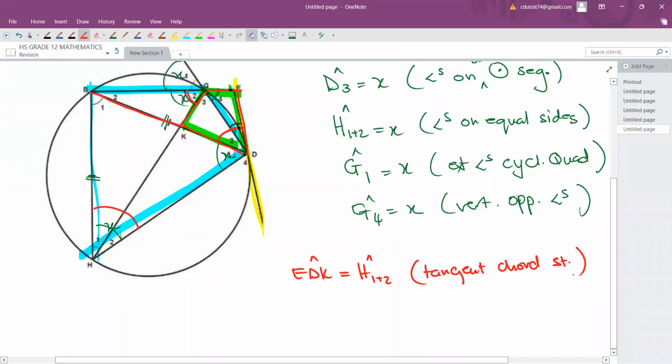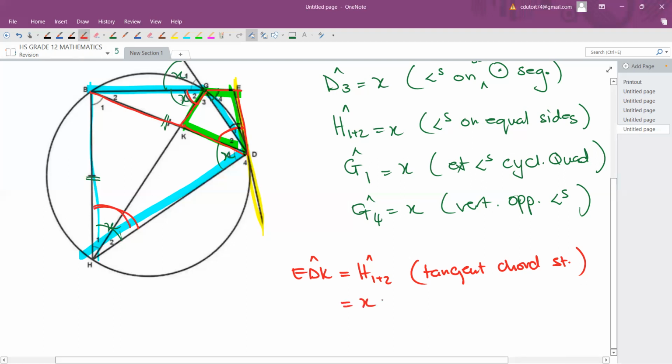Do you use inverted tangent chord statement, or do you use line between circle and chord, something like that? I know that in Afrikaans we use omgekeerde raaklyn koordstelling, but I'm not sure if you convert that into inverse tangent chord statement. What do you use for that? Because they haven't given you an angle. You have the exterior angle as X. So that one must also be X.